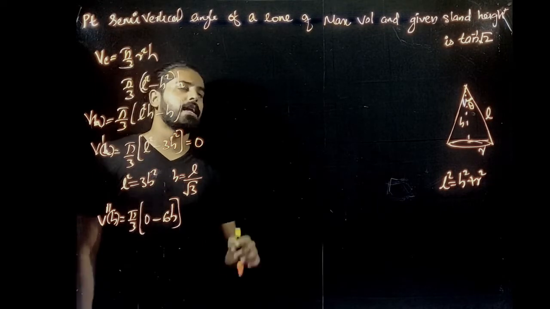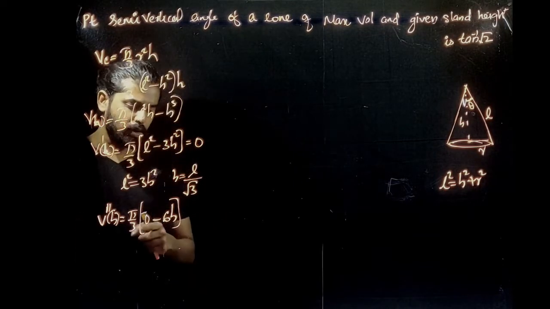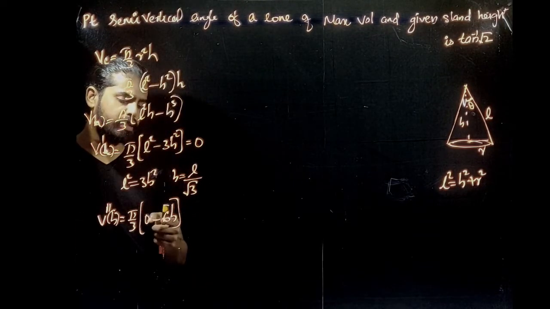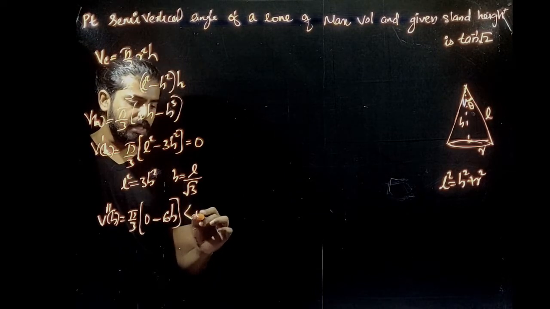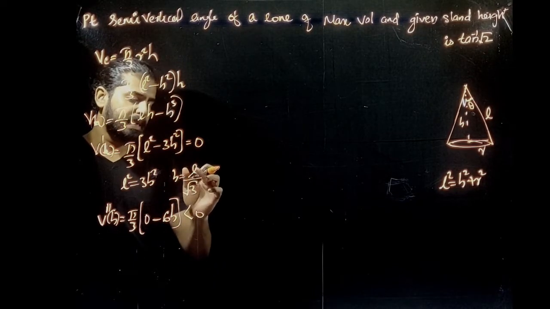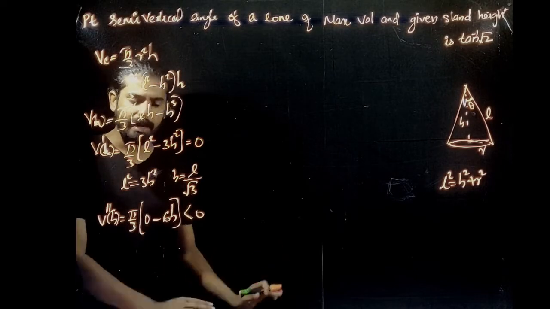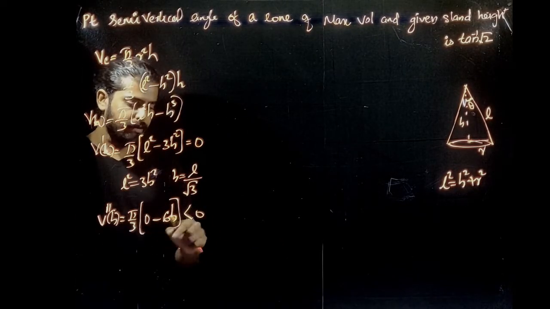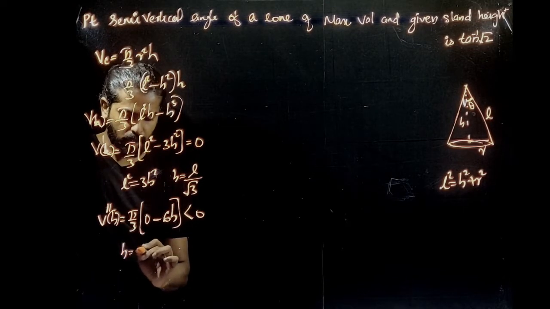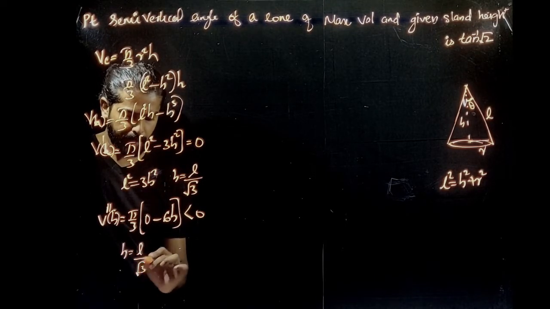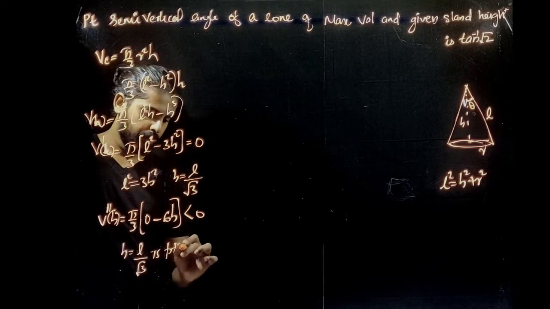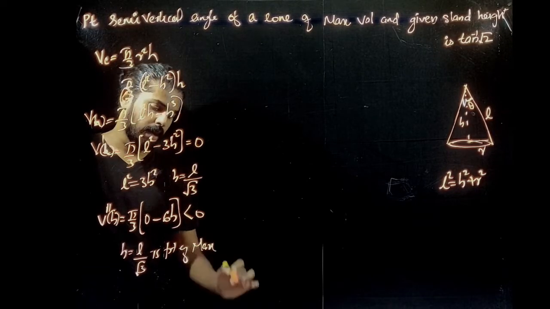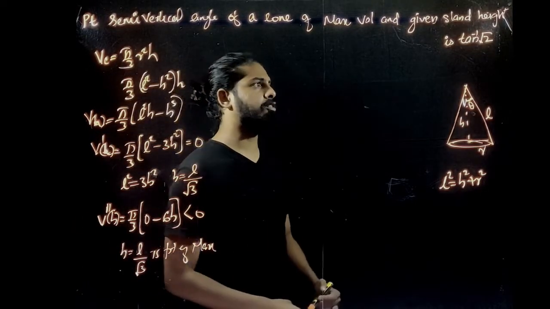We need to prove that the second derivative is negative, and you can see that this is negative: 0 minus 6h is negative. There is no need to substitute L by root 3 here. So V double dash h, the second derivative, is negative. That means h is equal to L by root 3 is the point of maxima.